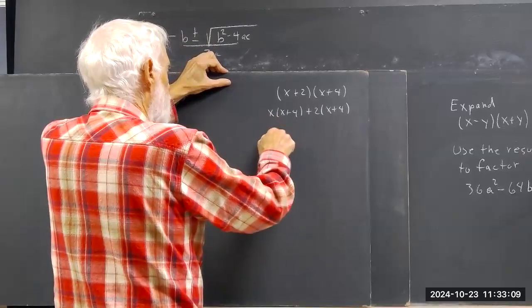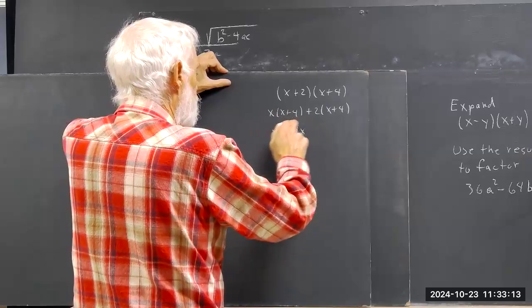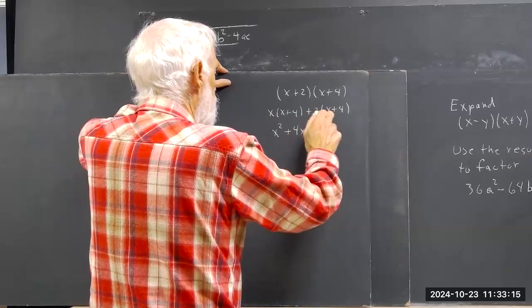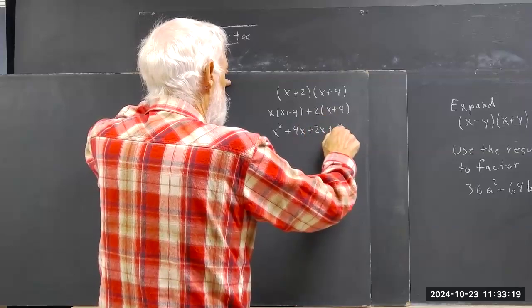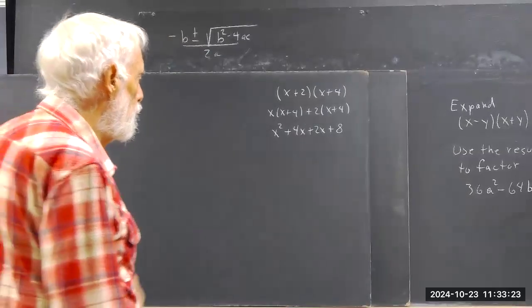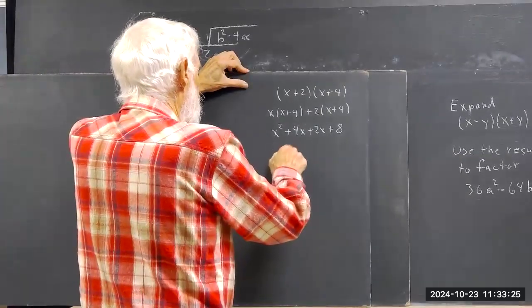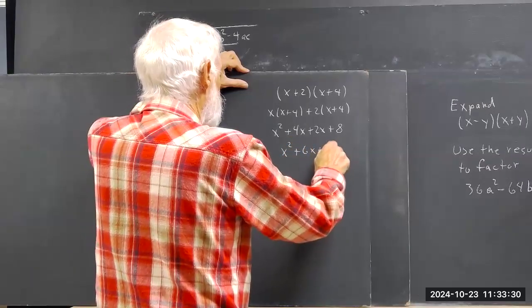X times x gives you x squared. x times 4 gives you 4x. 2 times x gives you 2x. And 2 times 4 gives you 8. Okay, well, that's then x squared plus 6x plus 8.